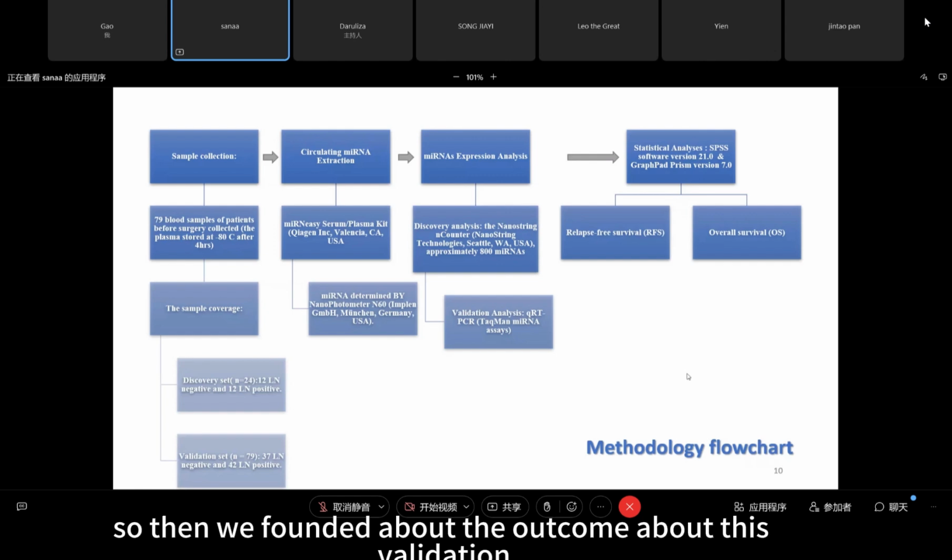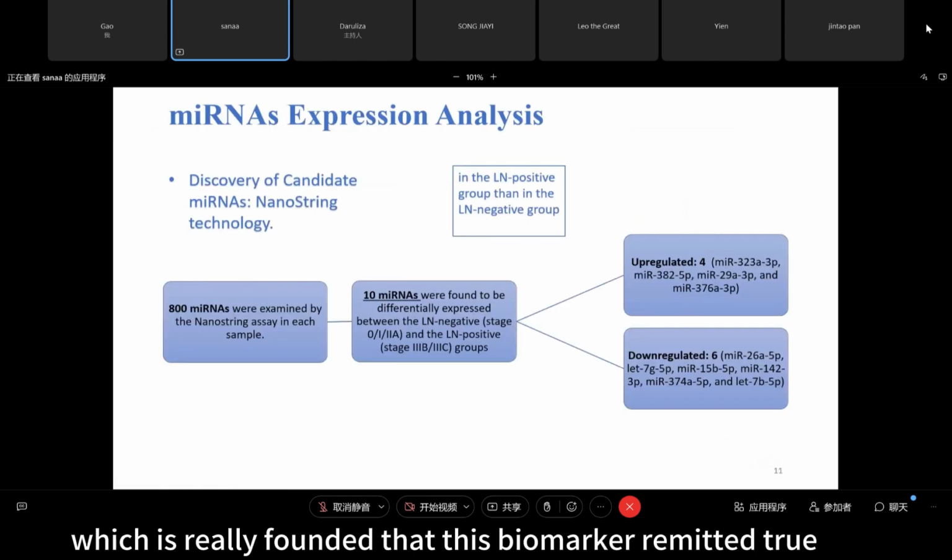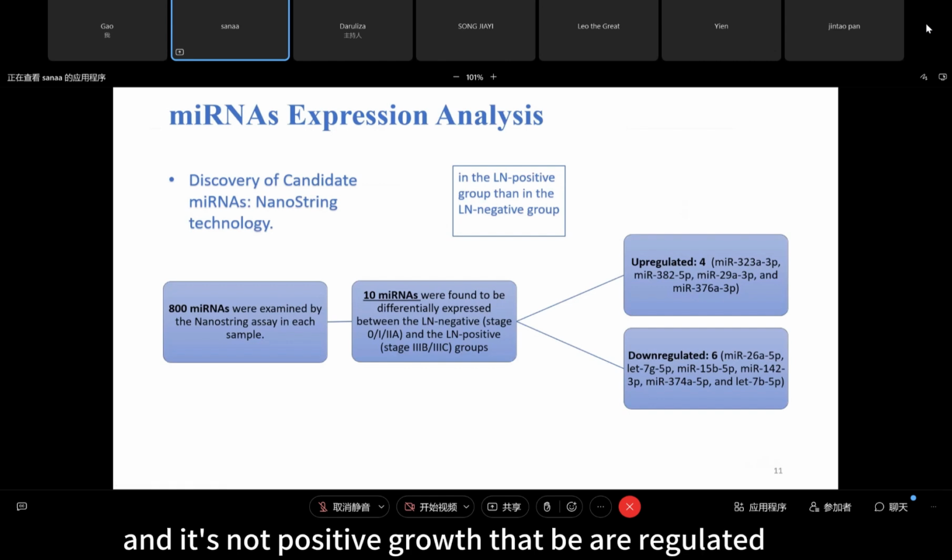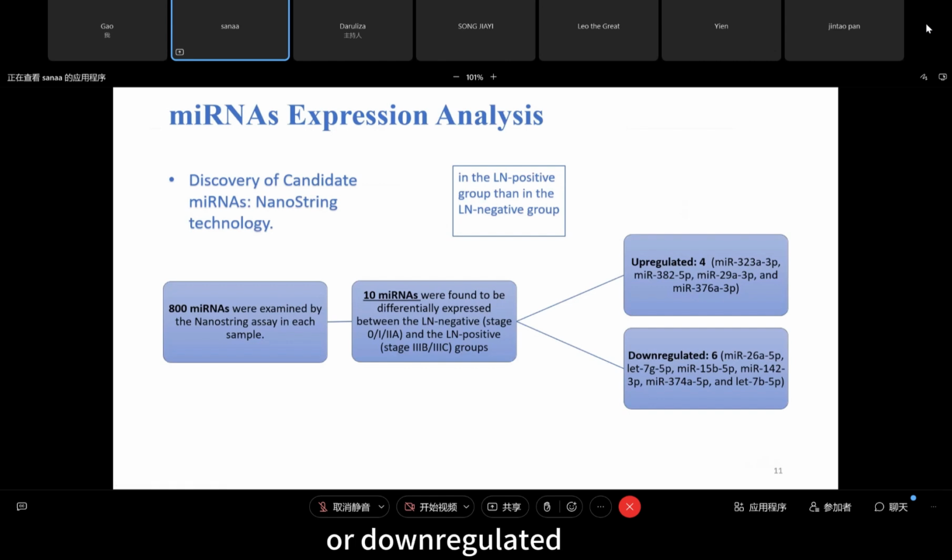Then they found the outcome of the discovery and validation. They found biomarkers related to the lymph node positive group that were upregulated or downregulated.